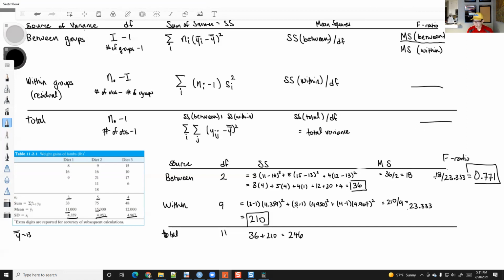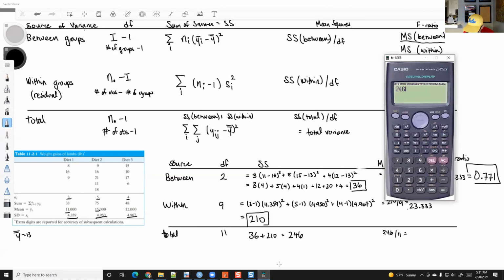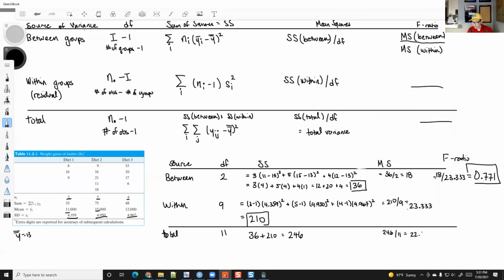Oh, and if I just did this 246 over 11, I love when my calculator just does stuff like this, 22.3636. That's the total variance.